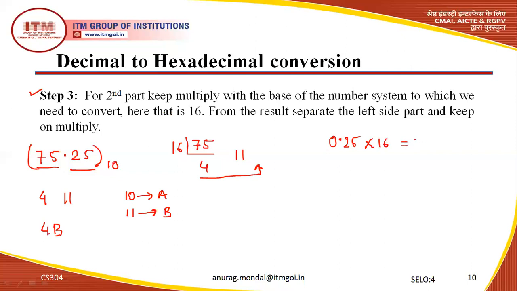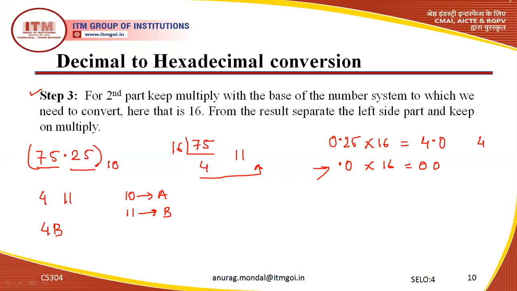So we have what? Only 4. 0.25 into 16, we have 4. So 4.0, separate the left part, meaning after separating we have only the 4, the remaining part will go over here and keep on multiplying with the 16. We have 0, then we have to stop here.